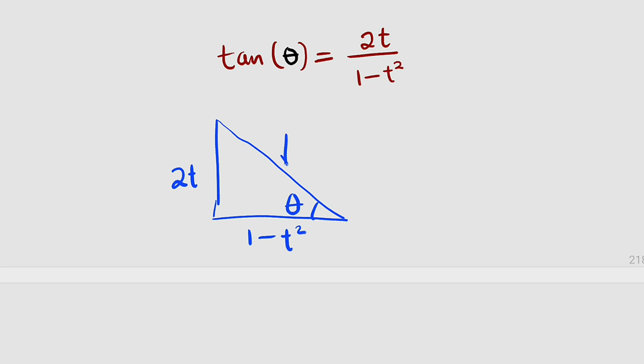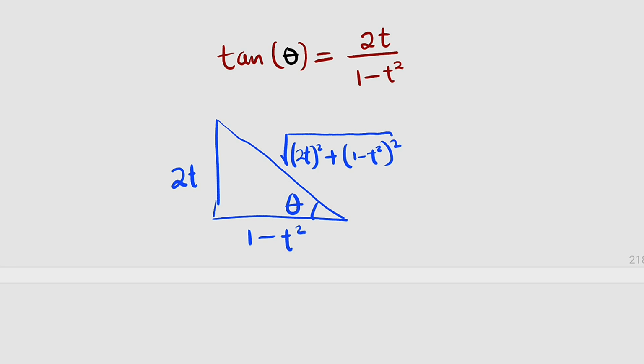It is going to be the square root of opposite squared, (2t) squared, plus the adjacent squared, (1 minus t squared) also squared.